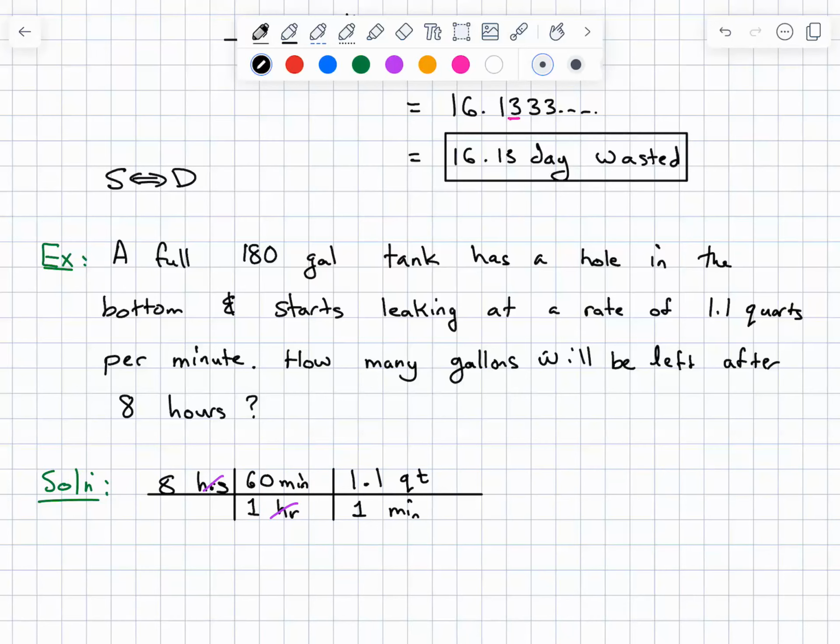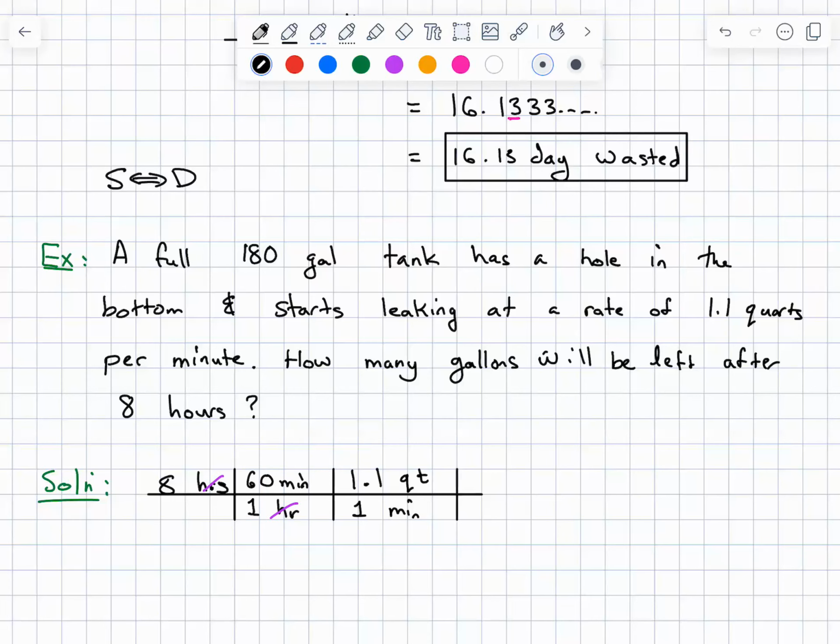And now here's the question. You guys know how many quarts there are in a gallon? 4, because America. There's 2 cups in a pint, 2 pints in a quart, 4 quarts in a gallon. Once again, we can't just have milliliters and liters. That'd be too easy.